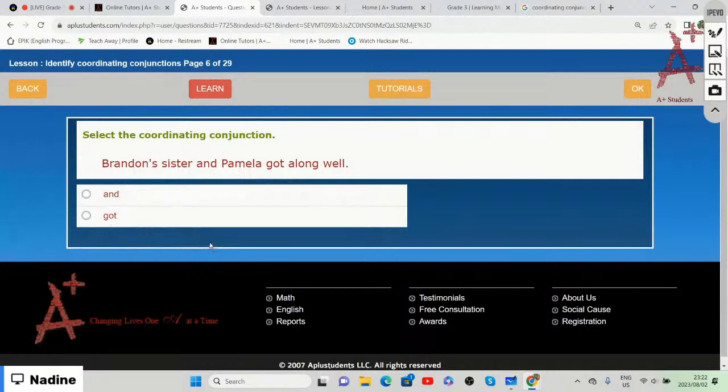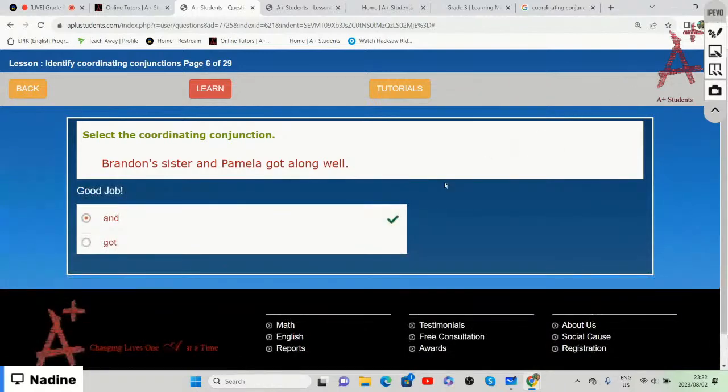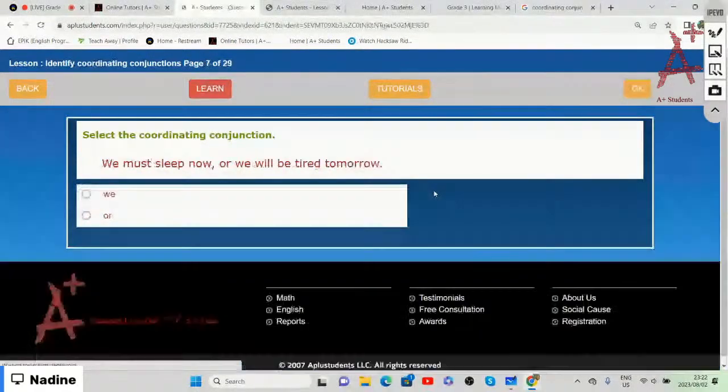All right, so if we were to select our coordinating conjunction within the sentence, then we will select and, right? Because it says Brandon's sister and Pamela. So it connects the phrases Brandon's sister and Pamela, and they got along well. So and is our coordinating conjunction.